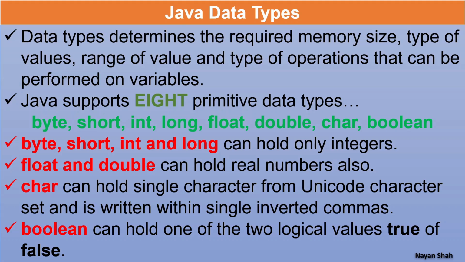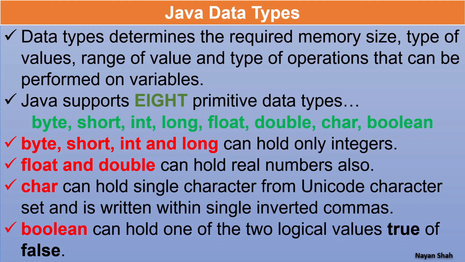Java supports 8 primitive data types, and they are byte, short, integer, long, float, double, character, and boolean. Integer is written as int, but we pronounce it as integer. Similarly, character is written as char, but we pronounce it as character. Rest are the same. Now what is the difference between all these 8 primitive data types?